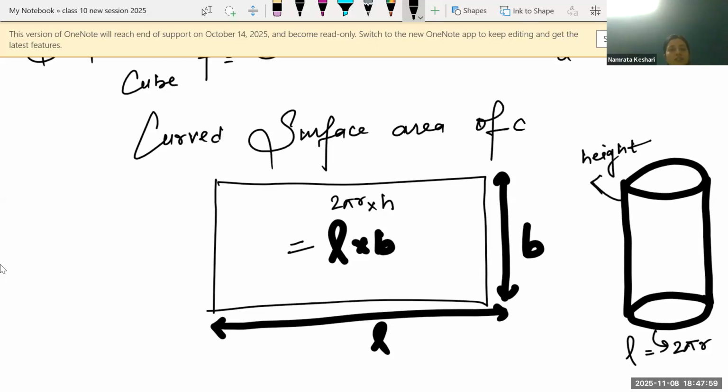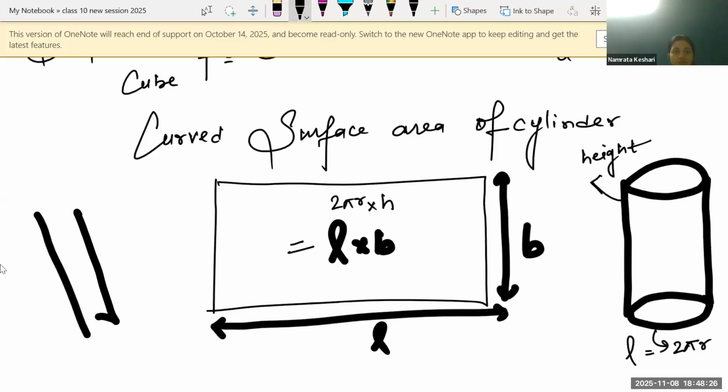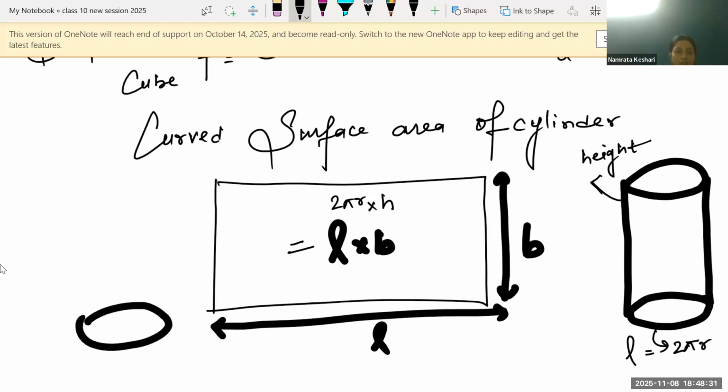Here you will always see the question will be talking about a right circular cylinder. That means if you start placing bangles, you have to place all the bangles having the same measurement, then only you will get a straight cylinder. Otherwise your cylinder may look like this as well, which is not at all right circular. It is broader over here, maybe, and getting narrower like this.